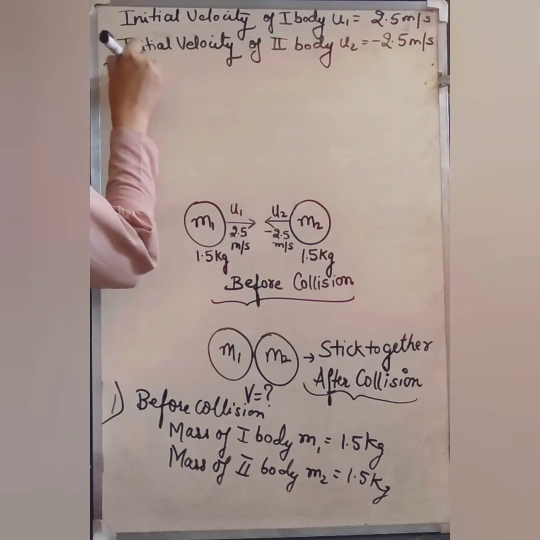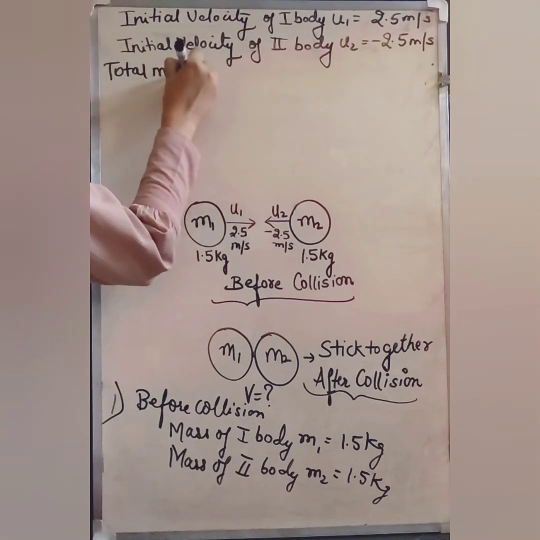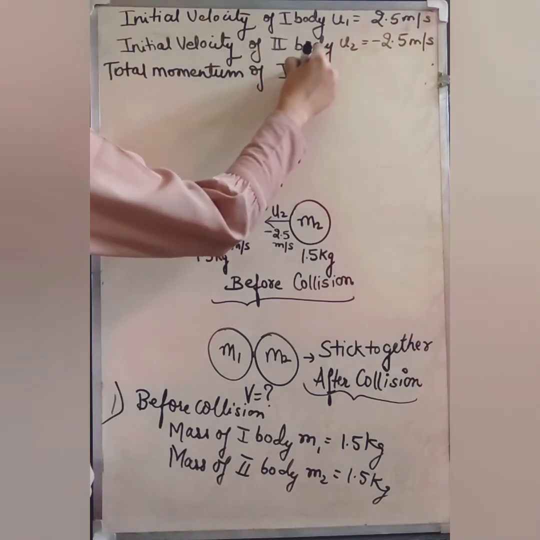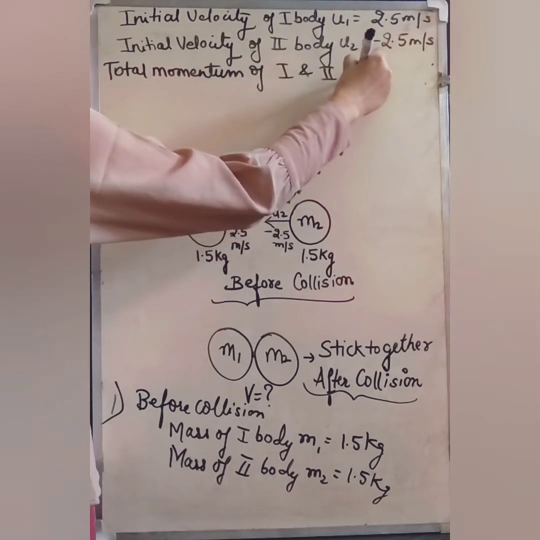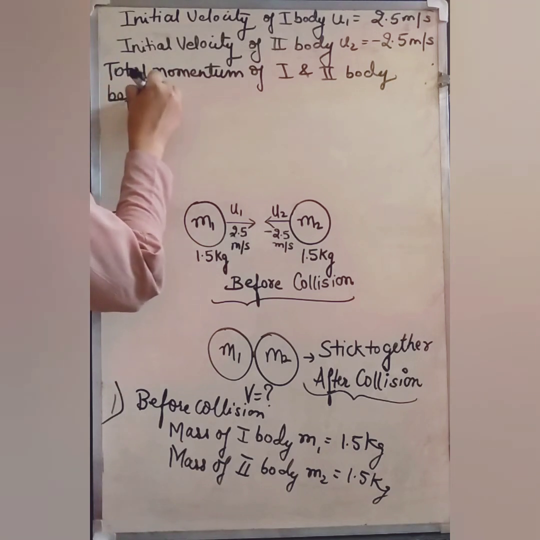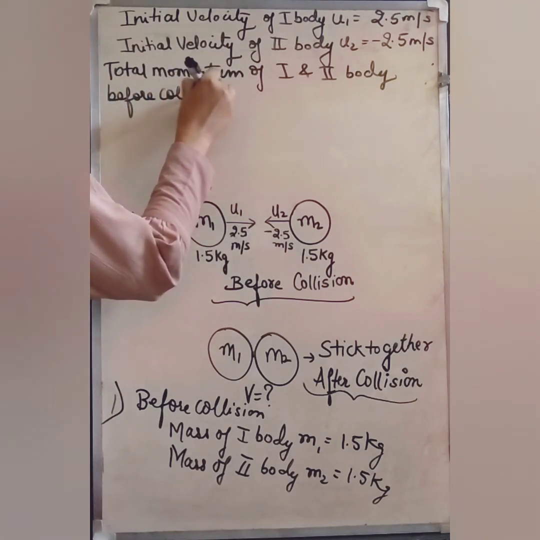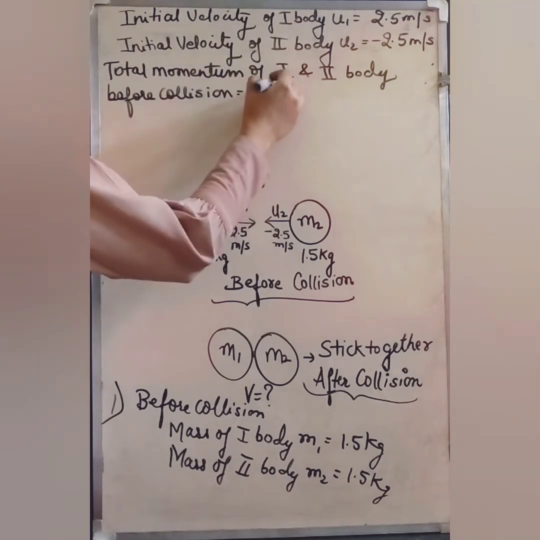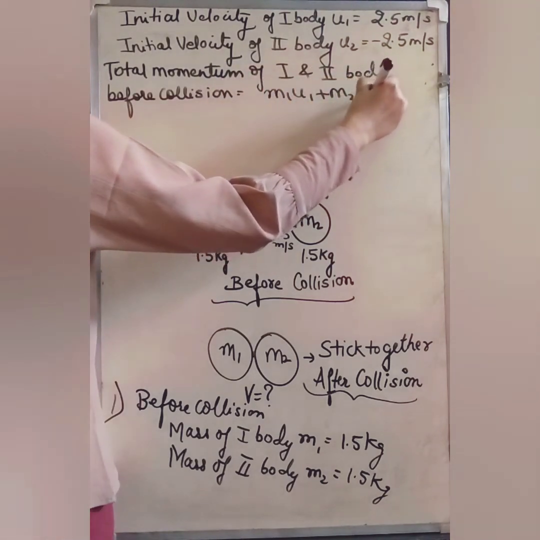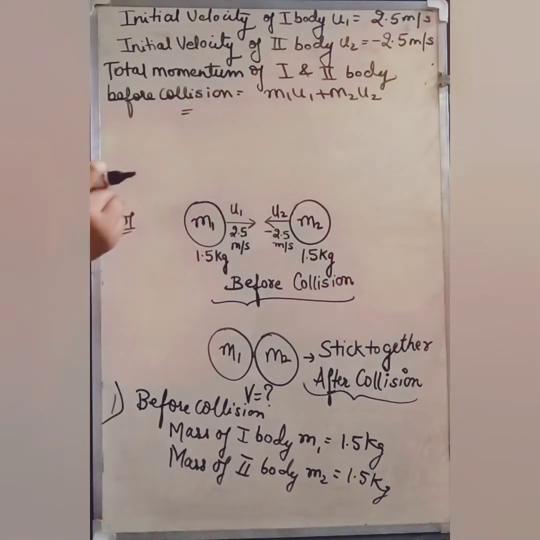So total momentum of first and second body before collision will be M1 U1 plus M2 U2. So what is M1?